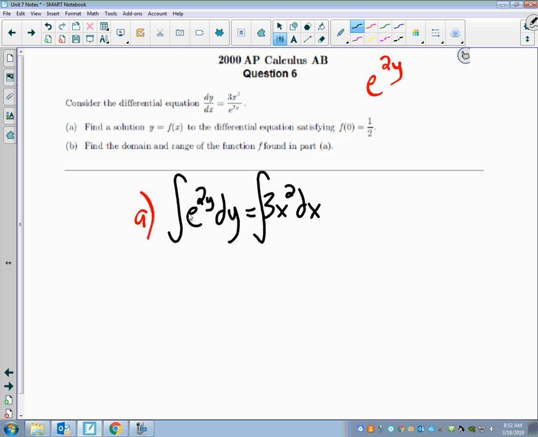Most people aren't, right? You're skipping that. I'm always here. Okay, so step one is you have to separate and you have to pay attention. Are you multiplying or are you dividing? And on this one, since it's dividing already, you multiply it over. So just pay attention to what you're doing there.